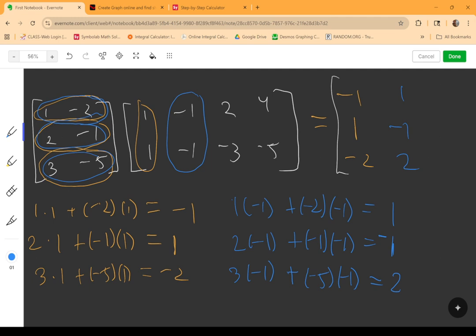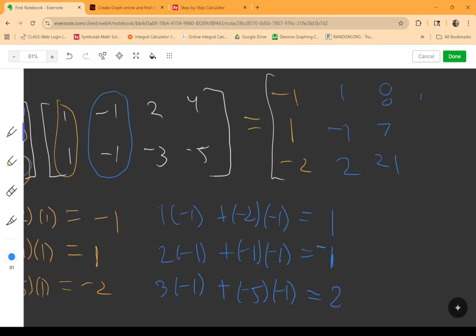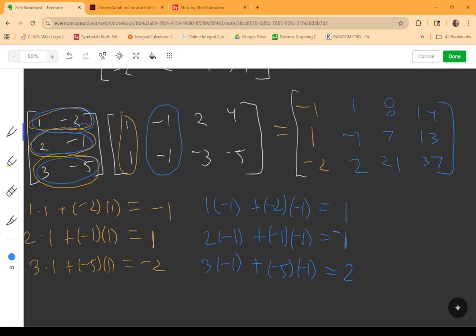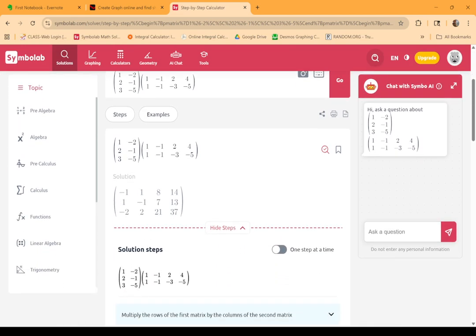So I would move on to the next one, and as you'll see, you'll get the same values as above: 8, 7, 21, and then 14, 13, 37, by just thinking of the rows times the columns. Here I inputted this in SymPy Lab, and you'll see the solution.